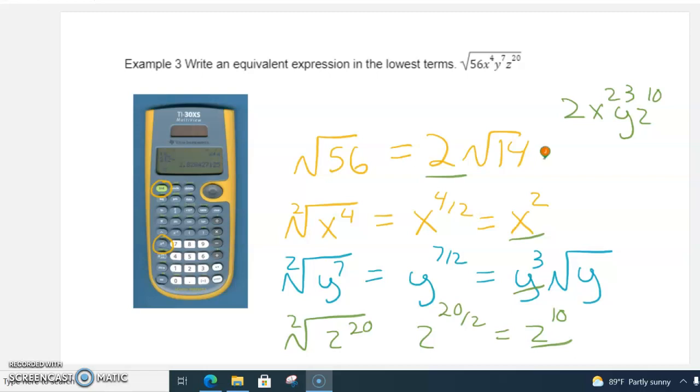So I have 2x squared, y to the 3rd, z to the 10th. And now I need to write everything that's on the inside of the radical. So on the inside, I have a 14, and I also have a y. So I would simplify this into 2x squared, y to the 3rd, z to the 10th, and then I have the square root of 14 times y.